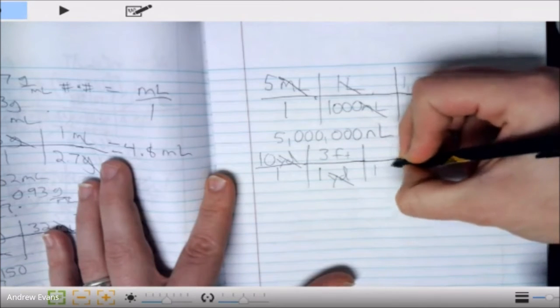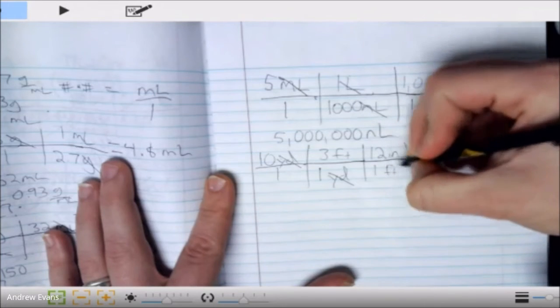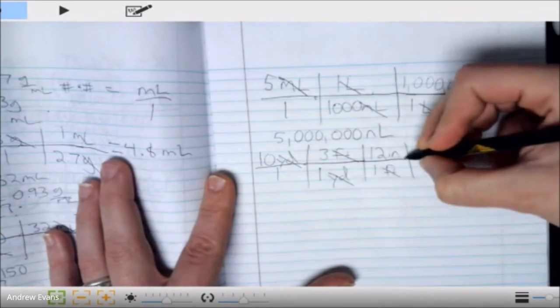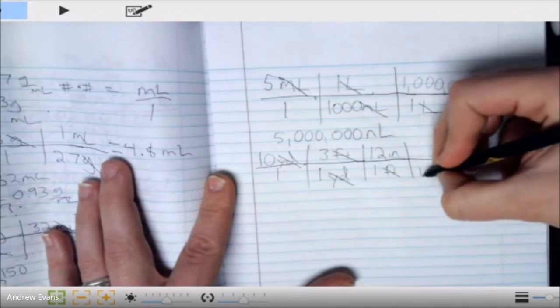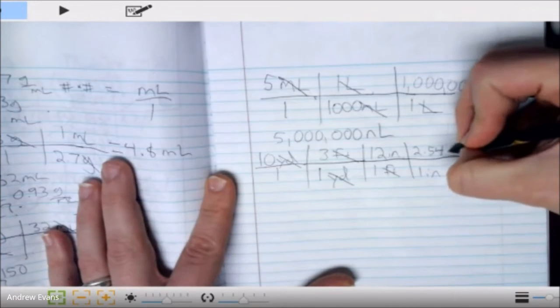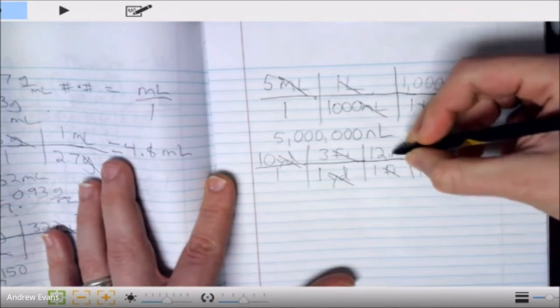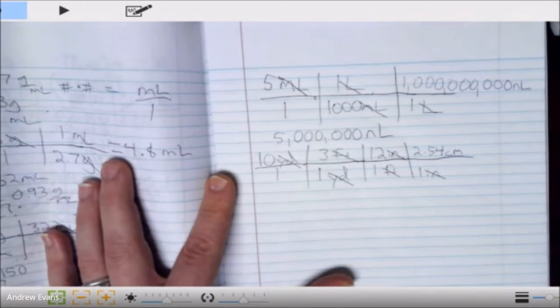In 1 foot, there is 12 inches. I'm going to cancel that one next. And finally, in 1 inch, this is the one I conveniently know, but would be given to you on a test, 2.54 centimeters. There's exactly 2.54 centimeters in 1 inch.